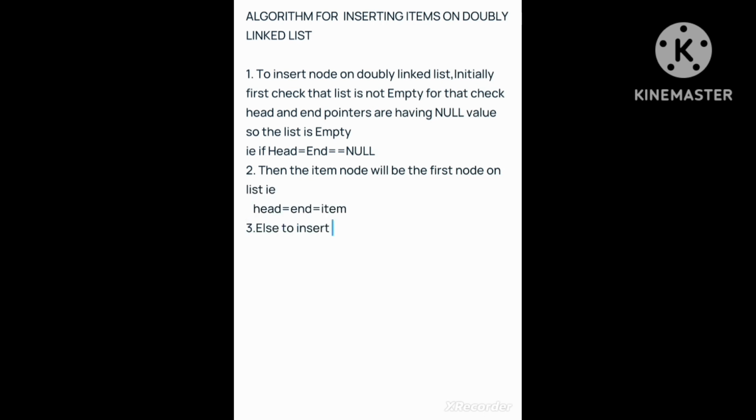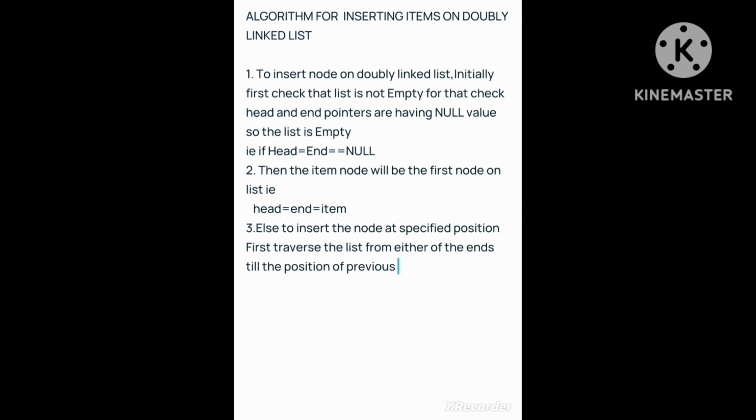Now here two cases arise, in which we have to traverse the list either from the forward direction or from the backward direction. First of all, we will consider the case of the forward direction. It is simply like the case of the singly linked list.